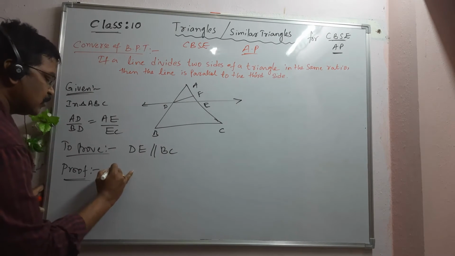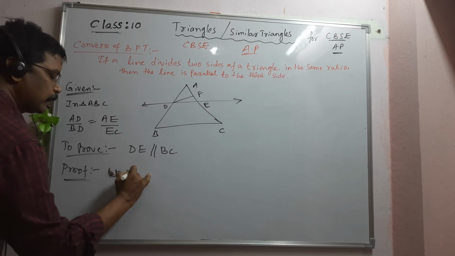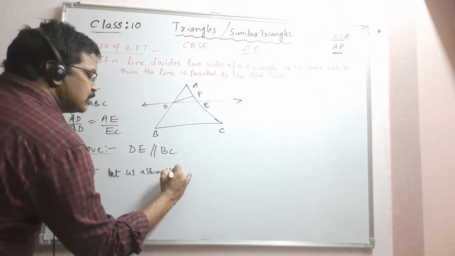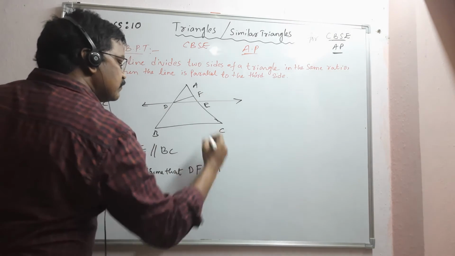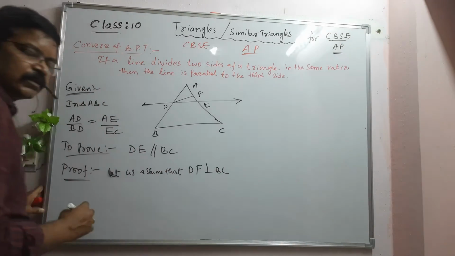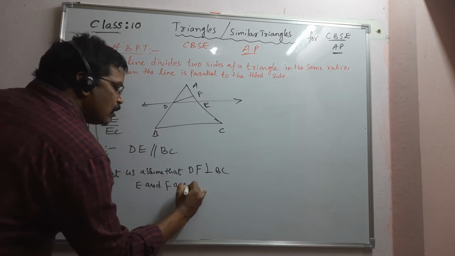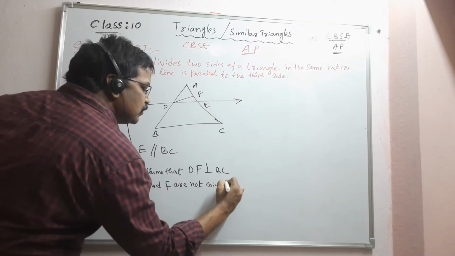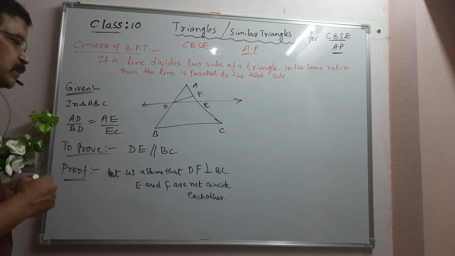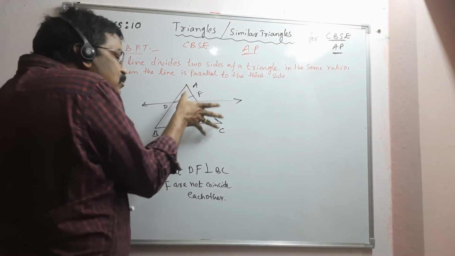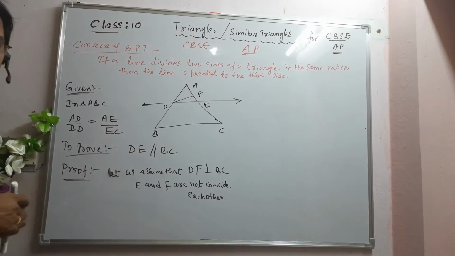Let us assume that DF is parallel to BC, but here E and F do not coincide with each other.